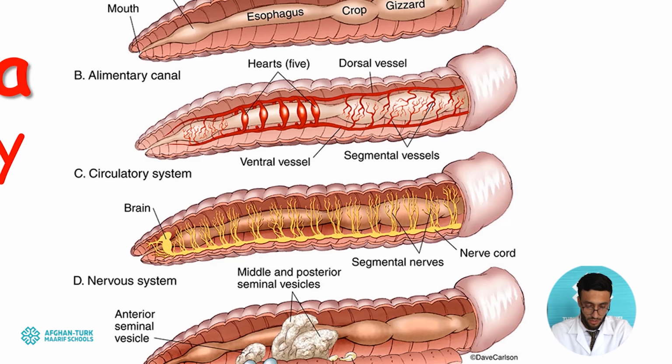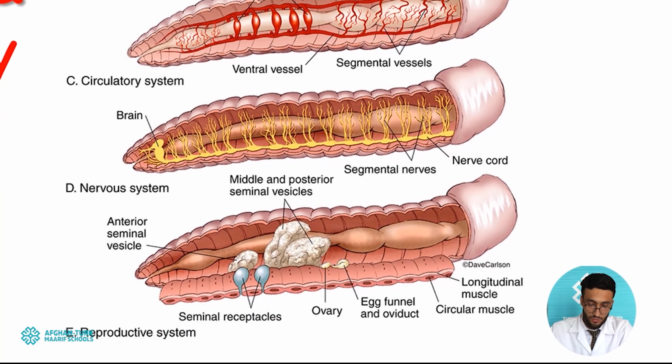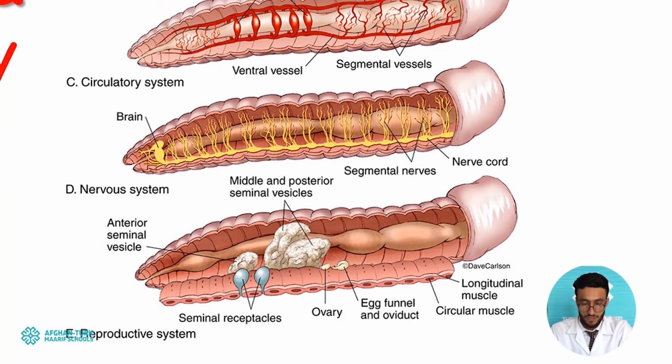About the nervous system, we can say that the earthworm's nervous system is made up of two important parts. The first, which you see as a brain, is located at the anterior part of the animal's body, and it is called the primitive brain. It is a concentration of more neural cells.